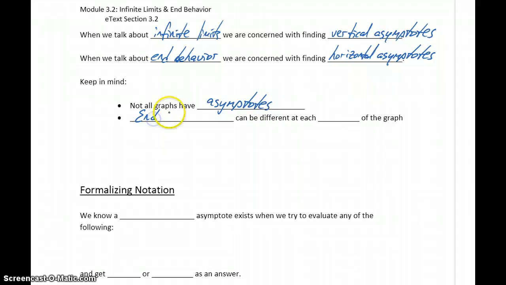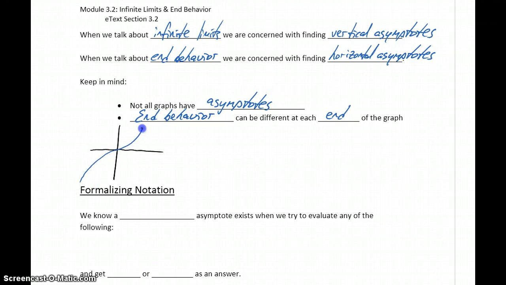And the other thing to keep in mind is that end behavior can be different at each end of the graph. So just to look at a couple of examples here that we can very quickly make up. If we looked at the graph of something that looked like x cubed, looks more or less like that.